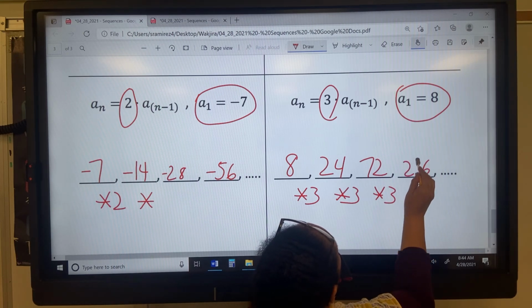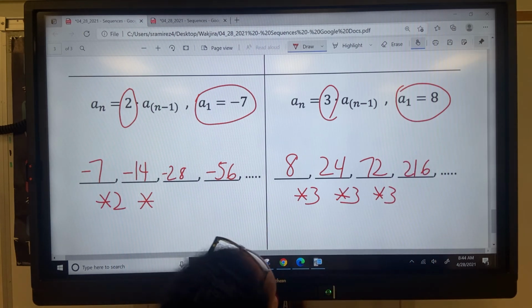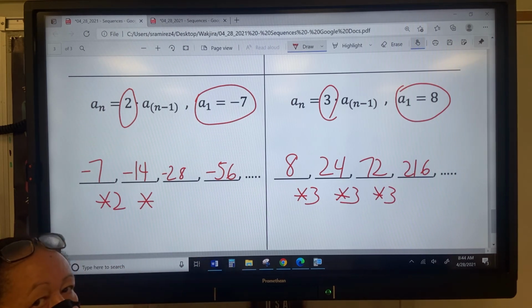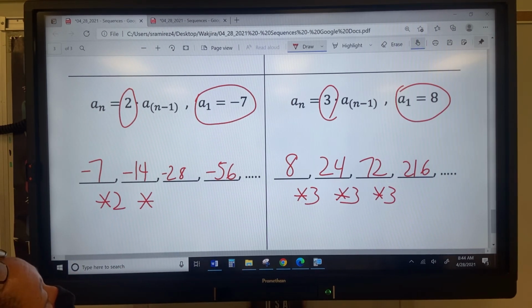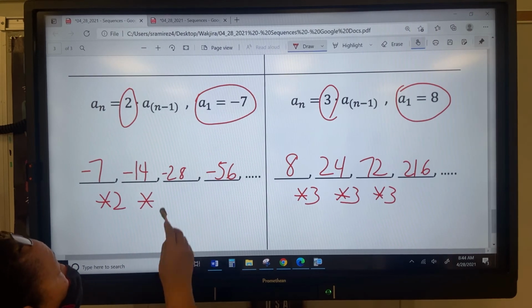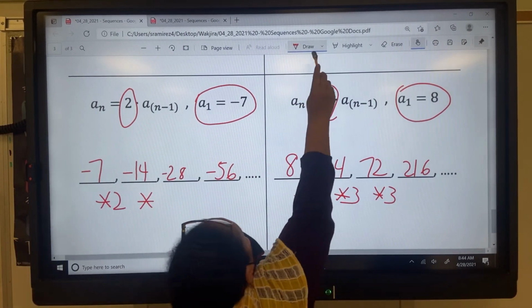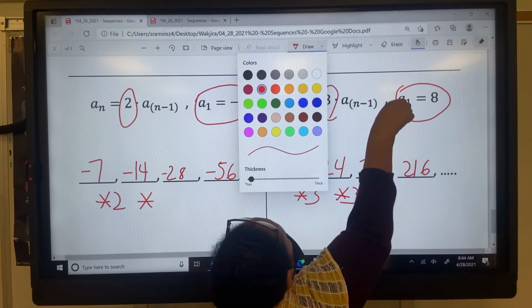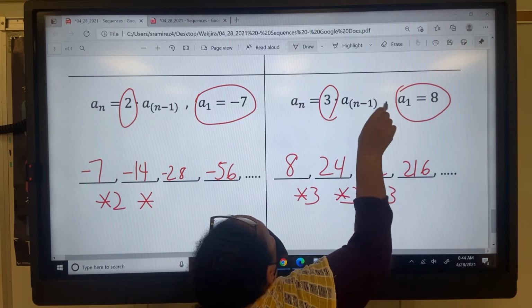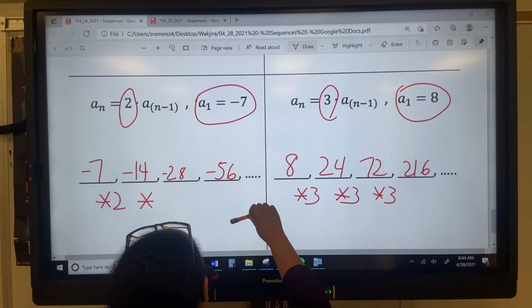It is 216. So that's how we're going to fill up our sequence, since we have our R and the first sequence.